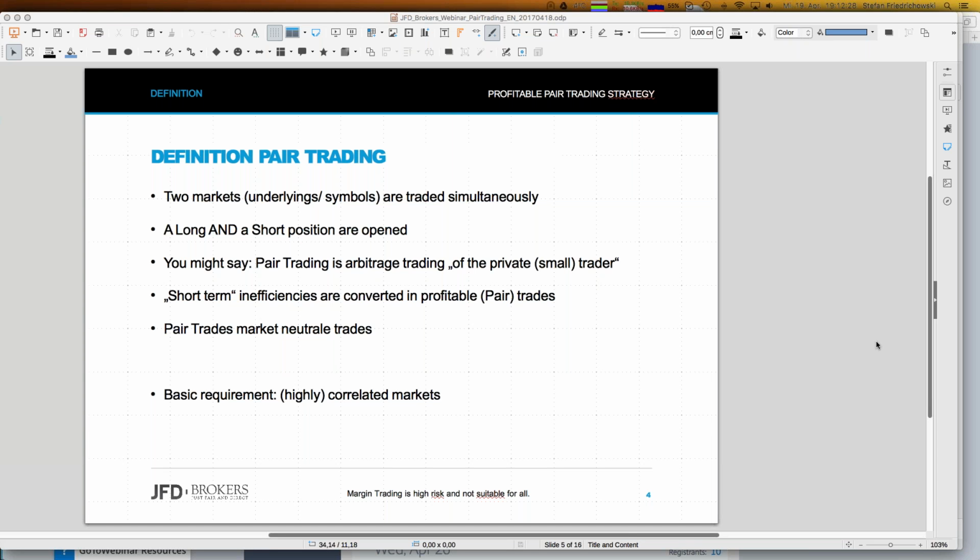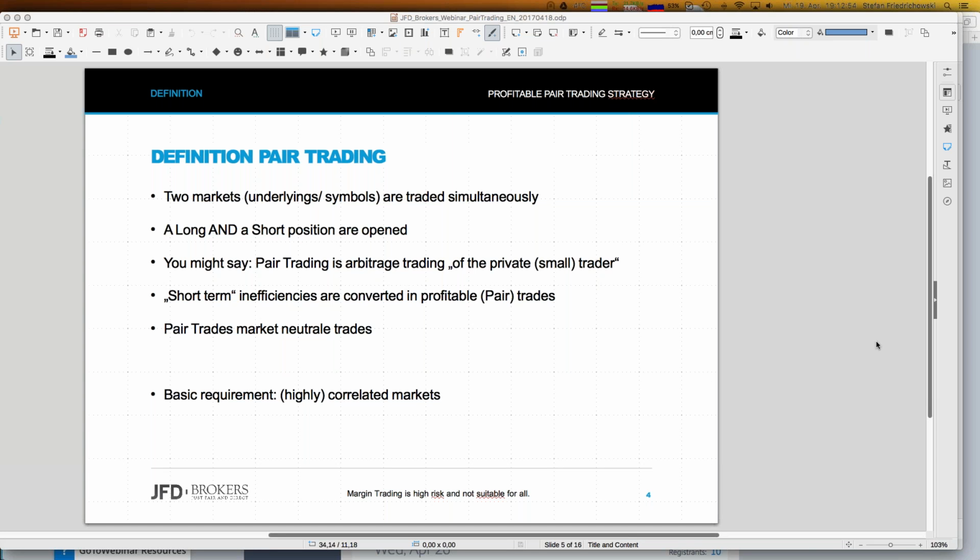So the definition of a pair trade is quite simple. What we consider here is two markets, two symbols, and those two symbols are always traded simultaneously. We open the trades at a given time simultaneously, and we close both trades at a given time simultaneously.